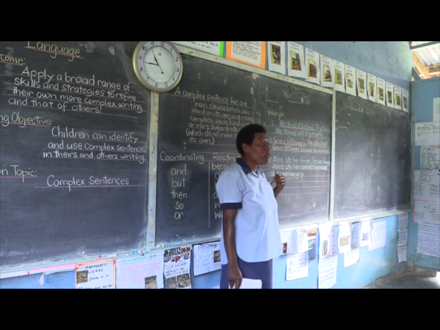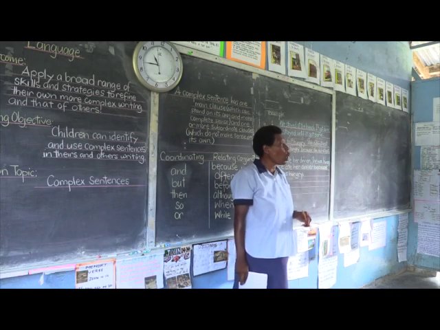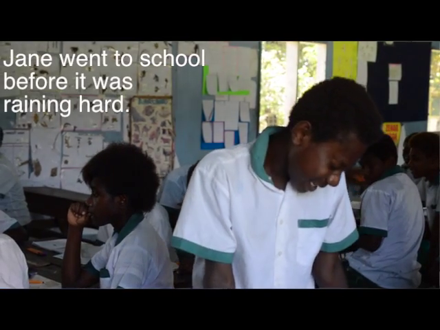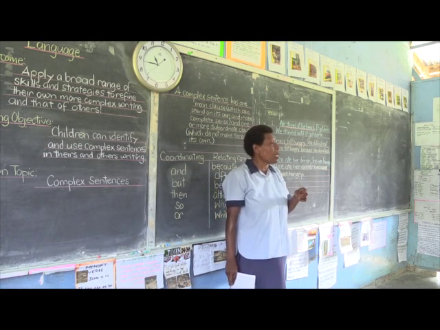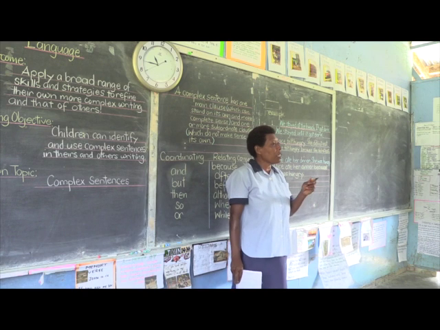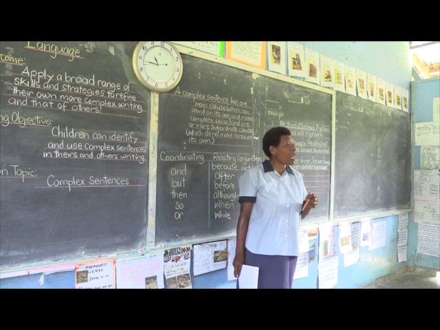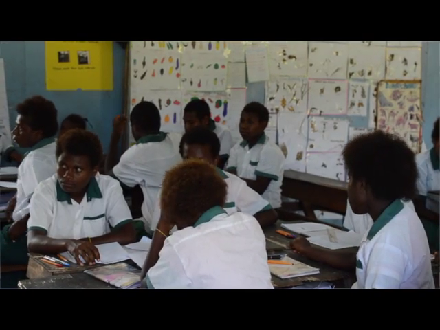Who would like to read me one of your sentences again that you wrote on your paper? Jane went to school before it was raining hard. What was the relating conjunction? Before. Very good.